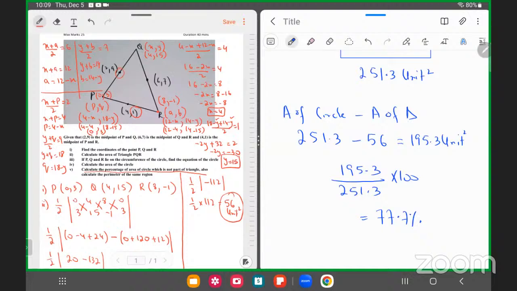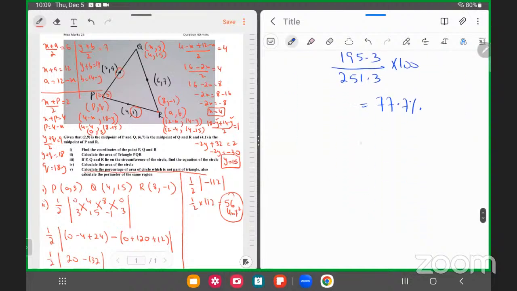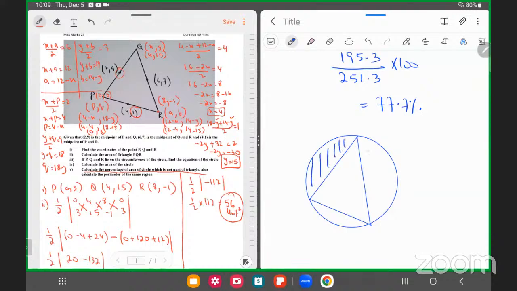Then you are also told to calculate the perimeter of the same region. So first let's identify the region. This is the circle. This is the triangle inside the circle. So the perimeter of the region which is not part of the triangle is this.